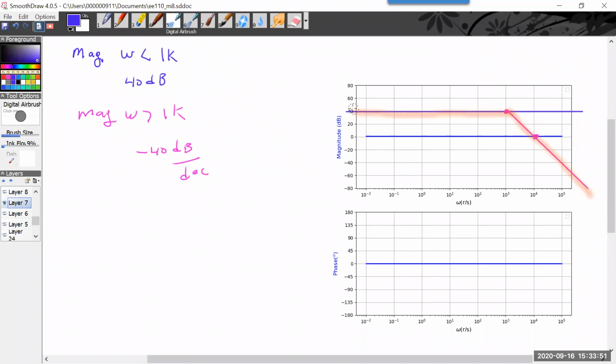Well, I need this point here. I need the fact that the gain was 40 dB. I need this to happen at that frequency. And then all you have to do is just say minus 40 dB per decade.